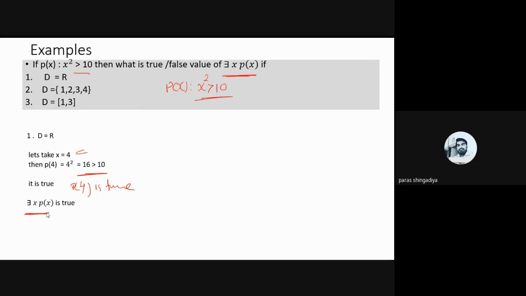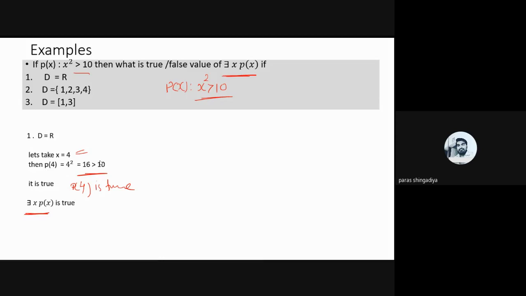As we consider in the definition, if for a single value of the domain P(x) becomes true, then there exists x, P(x) will be true. Here I consider x equal to 4, and for x equal to 4, P of 4 is true, and therefore there exists x, P(x) will be true.